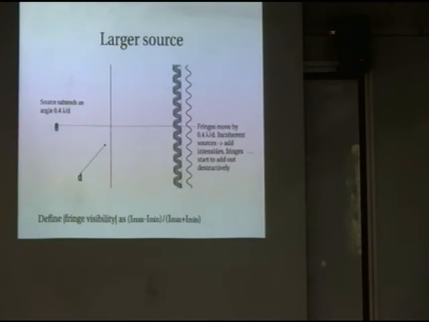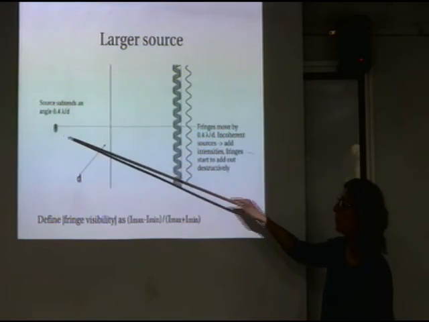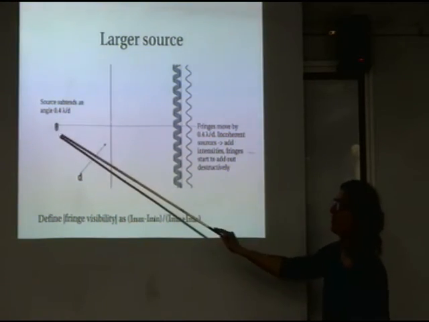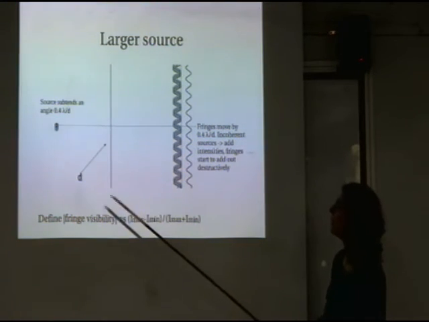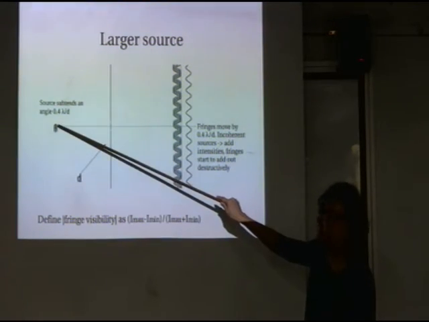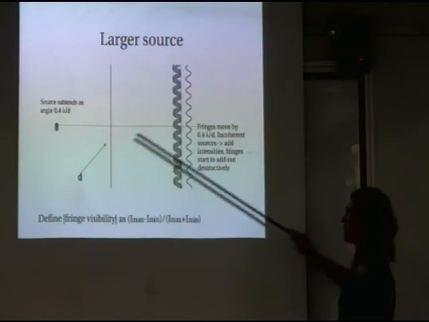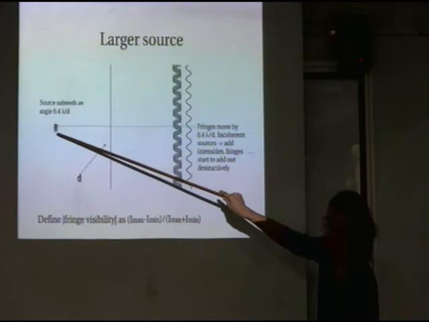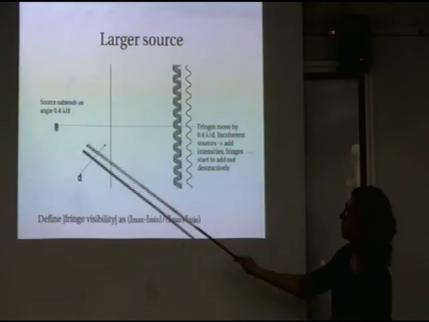Let's make this source a bit larger. So imagine that instead of having a point source, now the source is a bit larger. So what could be the result on the other side? Here, I hope you can see the colors well. Okay, so the original point source here would have, as a result, the red wave on that side, and then the light blue source will have the light blue wave on the other side.